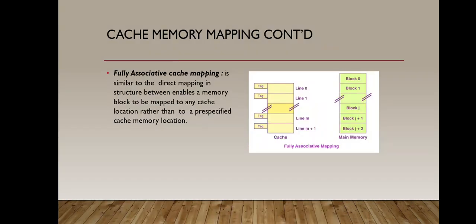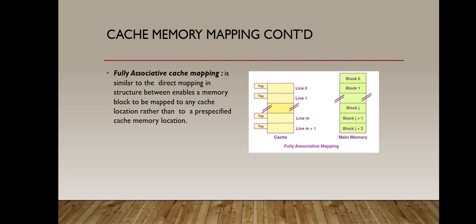Now with the fully associative cache mapping, it's similar to the direct mapping in structure, but it allows a memory block to be mapped to any cache location rather than to a pre-specified cache memory location. As we see on the diagram, it enables the memory block, that's the main memory over here, the blocks here, to be mapped to any cache, any one at all.